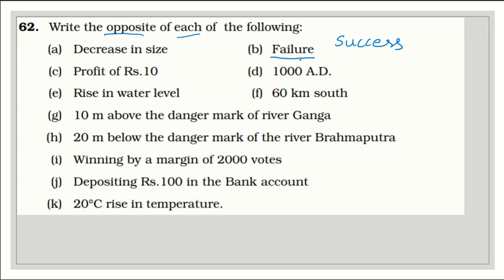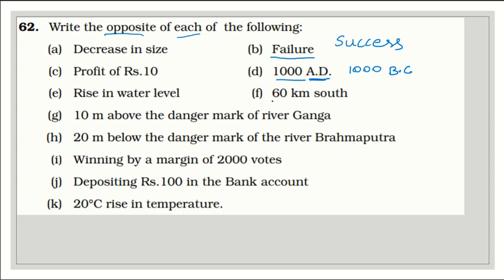Similarly, we need to observe in a given sentence what is the keyword to which we can write opposite. For example, in the case of D, 1000 AD, here AD is the keyword. So opposite of this is 1000 years BC, before Christ.